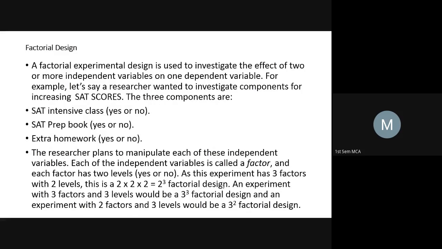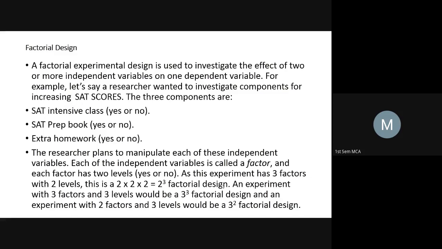So 2 factors, 2 levels. Suppose I want to understand the performance of a student. One is the assignment and the other is a test. I will conduct 2 tests and I have 2 factors, yes or no, yes or no. If he has attended both the tests, it is yes.